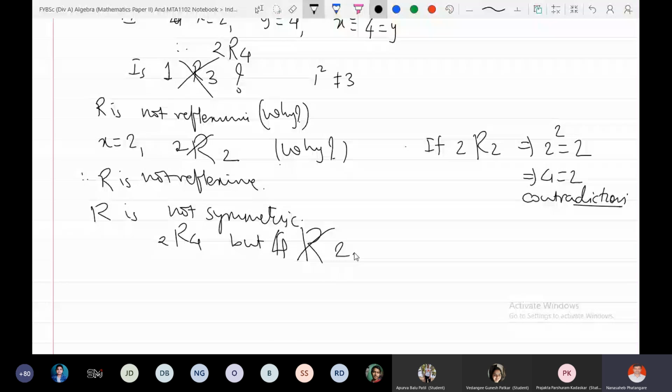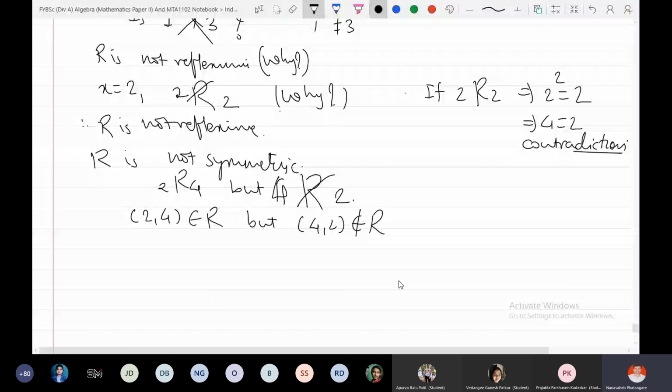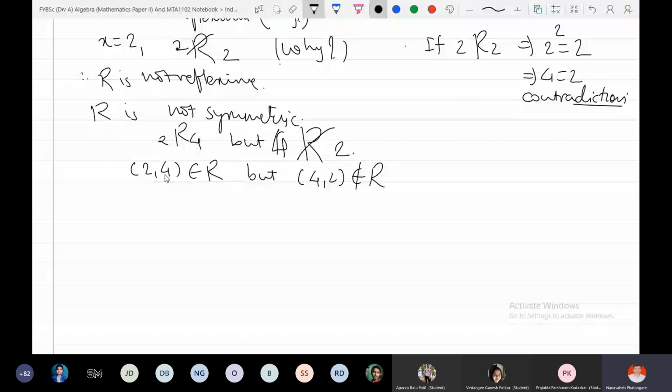There is a pair (2, 4) in R, but (4, 2) is not in R. What a symmetric relation says is, if X is related with Y, then Y must be related to X. But 2 is related to 4, but 4 is not related to 2. So there is evidence where the condition of symmetry fails. Therefore, R is not symmetric.